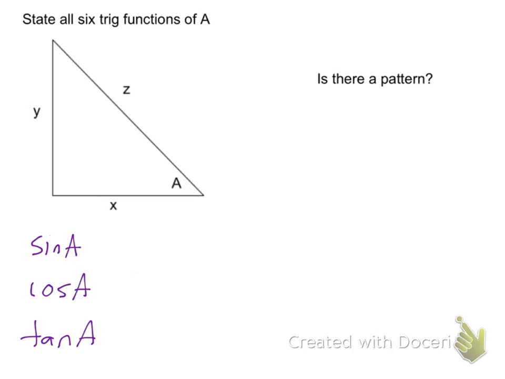If you guys don't remember what they are, write down your familiar phrase, SOHCAHTOA. I don't have a phrase or a way for the other 3, the little 3, but for the big 3 we have this way to help us remember.